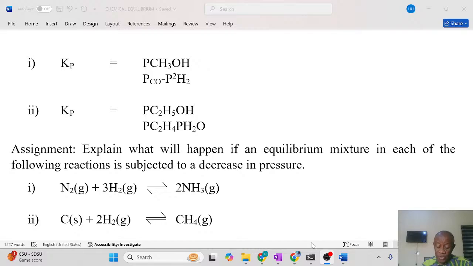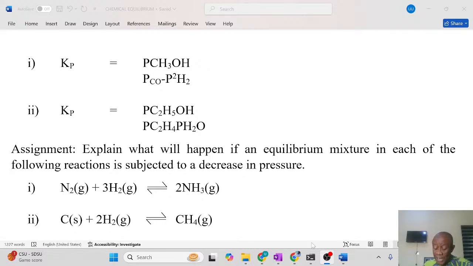So that is what we shall look at critically, as a way of making life easy. We see which one is favored. For the exothermic reaction, reactants are favored, and for the endothermic reaction, products are favored.